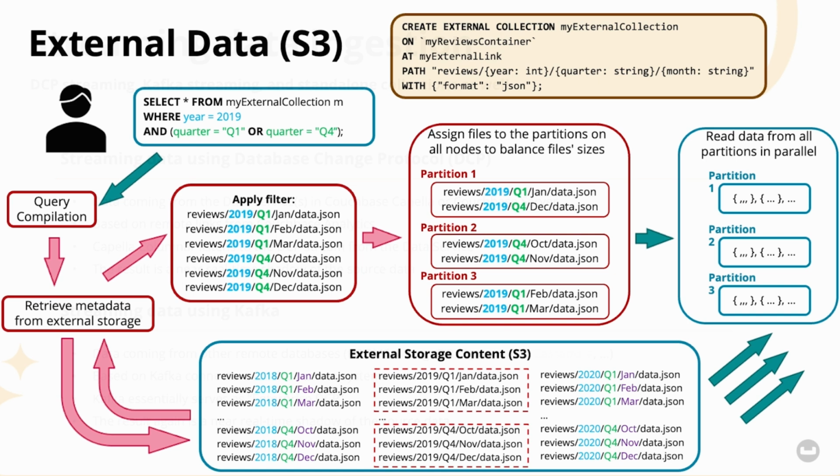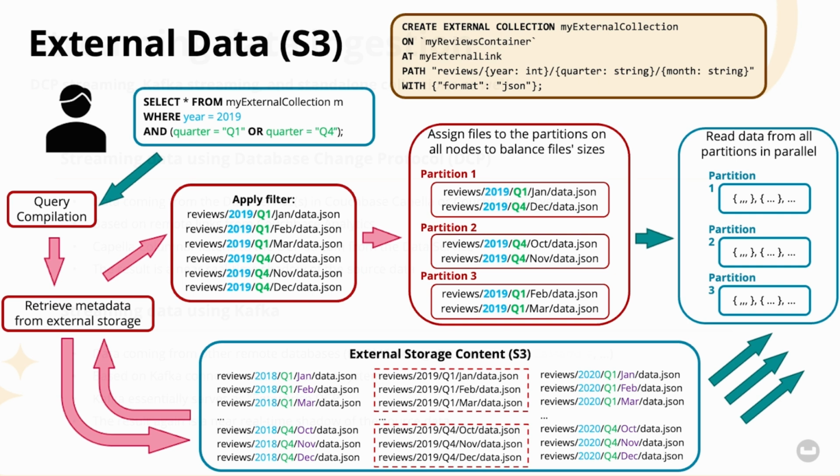This defines the structure to Columnar so that it can exploit that structure when processing queries. So now we've got all of this data, and it looks like it's simply in a collection called my external collection. And we can now query that.